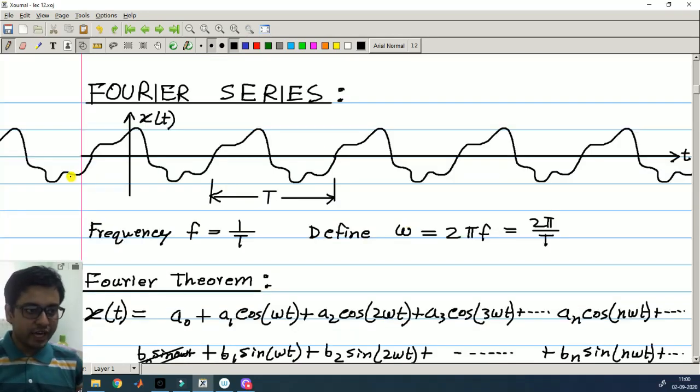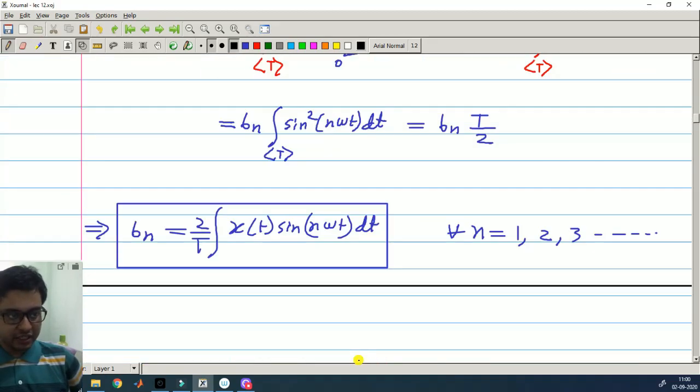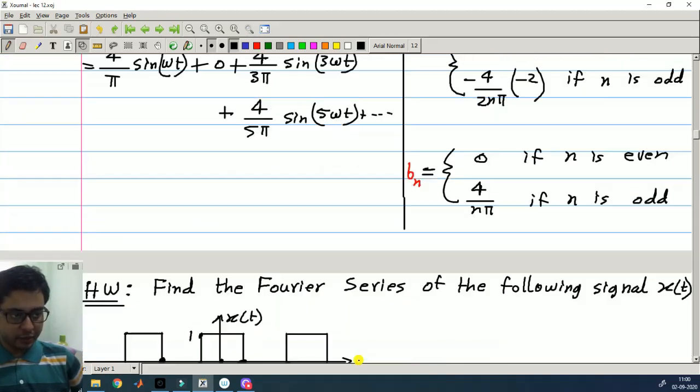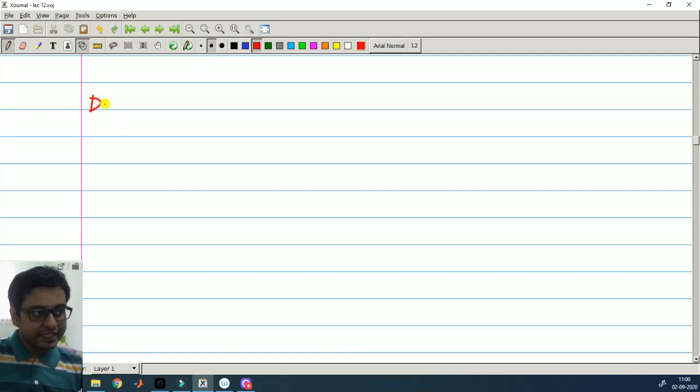So today we have learned that any arbitrary periodic signal can be created by combining sine and cosine signals only. But that is not completely true. Not every periodic signal can be created by sine and cosine signals. For that, the signal should satisfy some conditions, and those conditions are called Dirichlet's conditions.